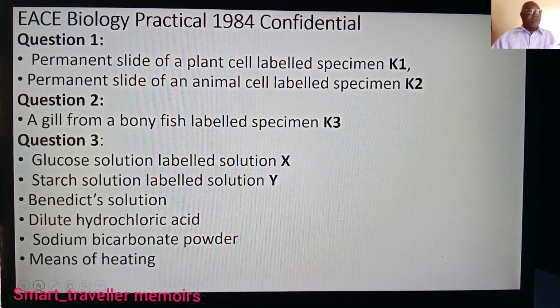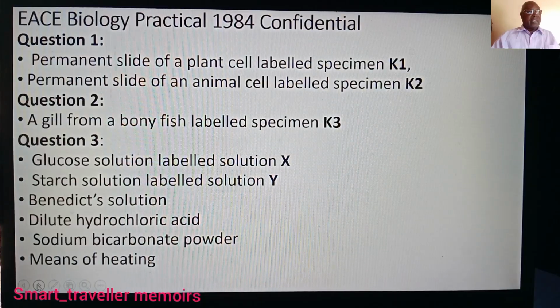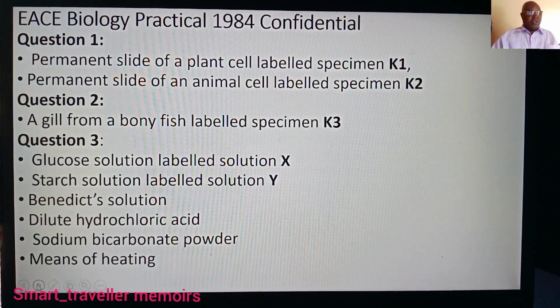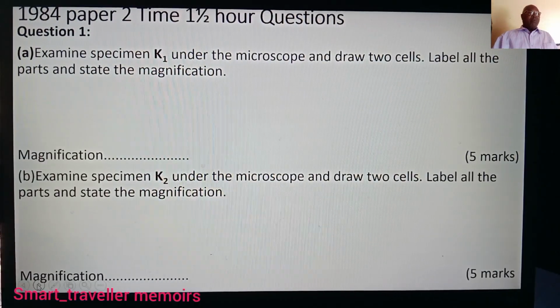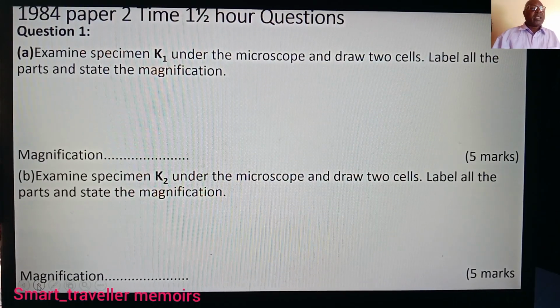And lastly, for question 3, you're required to have the following: glucose solution labeled solution X, starch solution labeled solution Y, Benedict solution, dilute hydrochloric acid, sodium bicarbonate powder, and means of heating. So let's come to the questions you are supposed to answer.